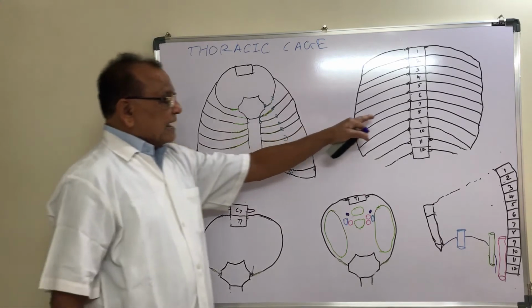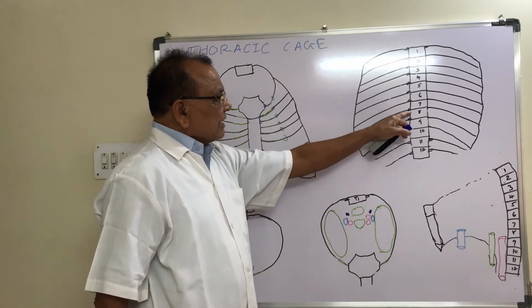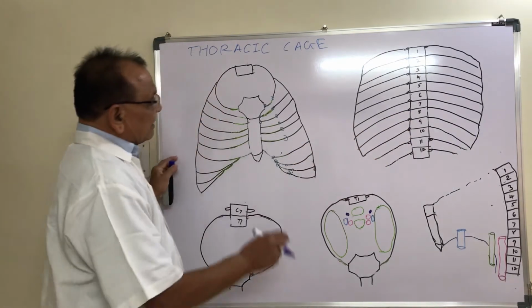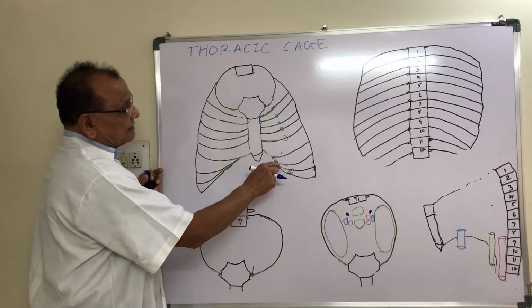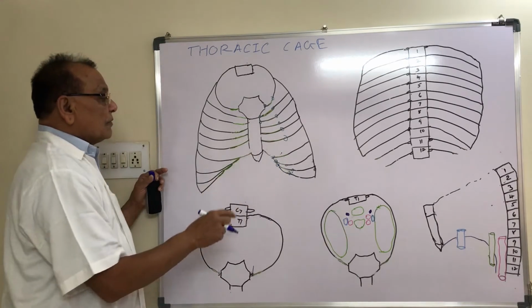So the 8th, 9th and 10th ribs posteriorly articulate with the thoracic vertebrae, and anteriorly, via their costal cartilage, are articulated with the costal cartilage of the rib lying above.